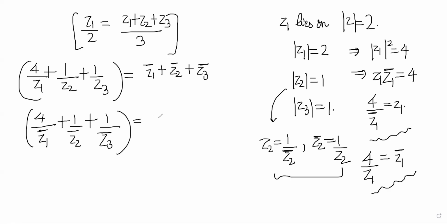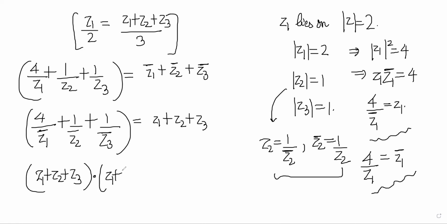So that is equivalent to what? That is Z1 plus Z2 plus Z3. So when you multiply these two together, you are multiplying Z1 plus Z2 plus Z3 and Z1 plus Z2 plus Z3 whole conjugate, which is the same thing as mod of Z1 plus Z2 plus Z3 whole square.